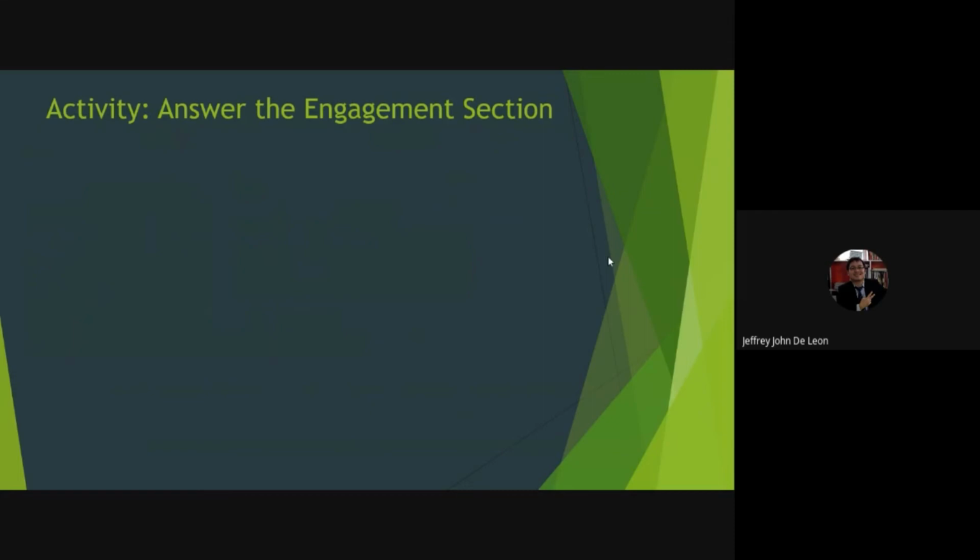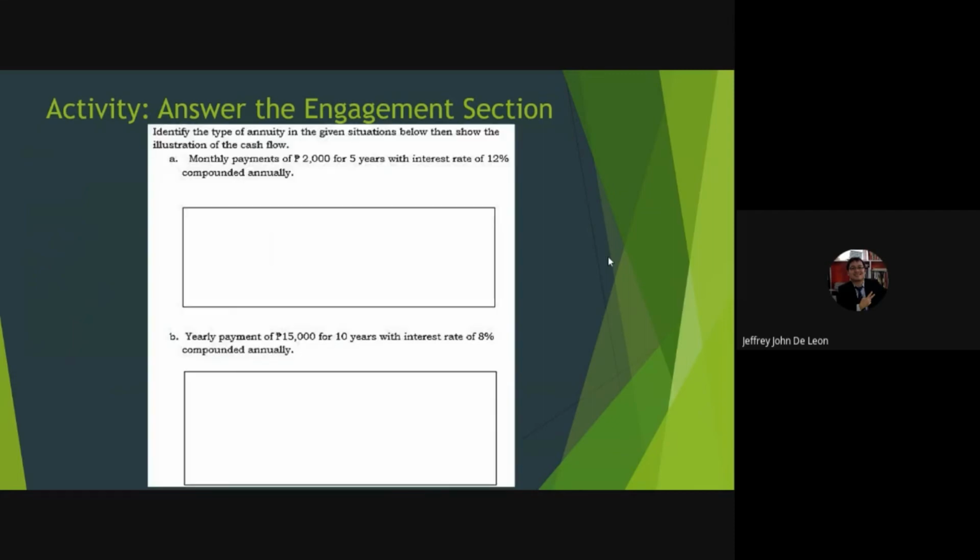Now, for your activity, answer the engagement section of your LEAP. Let's identify the type of annuity first. Here, the payment interval is monthly, and the interest period is compounded annually, so that's one. Monthly and annually, so this is a general annuity.